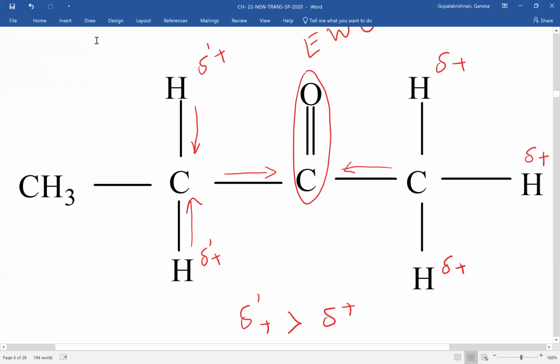The carbonyl group pulls both sides the same. That inductive effect is distributed over two hydrogens here, and over three hydrogens here. So the side with fewer hydrogens will be slightly more acidic than the side with more hydrogens.